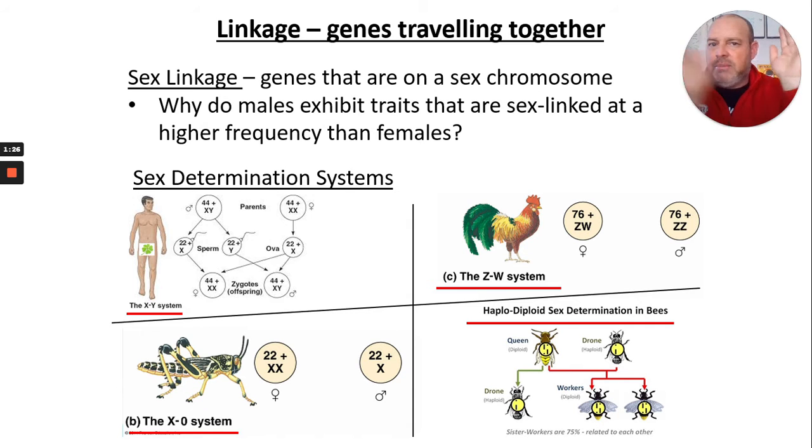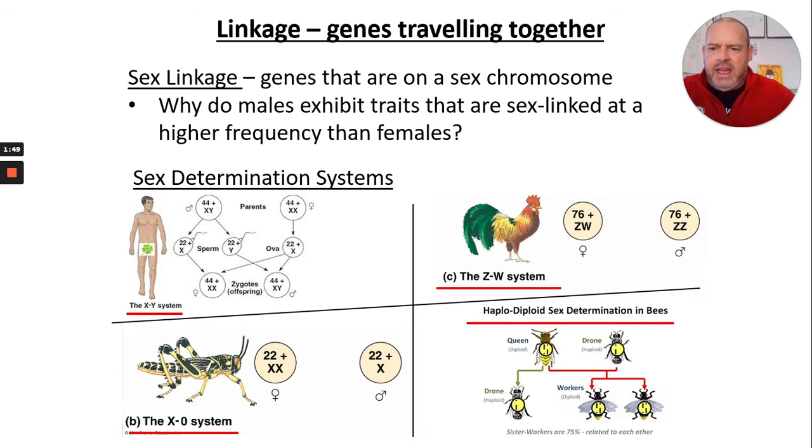Because the males have two different sex chromosomes, they only have the one X, so they either have it or they don't. They're not a carrier. So it's a little bit higher frequency that way because they can't have any heterozygotes. If they even get one of the alleles, then they have that disorder or that phenotype, if you will.